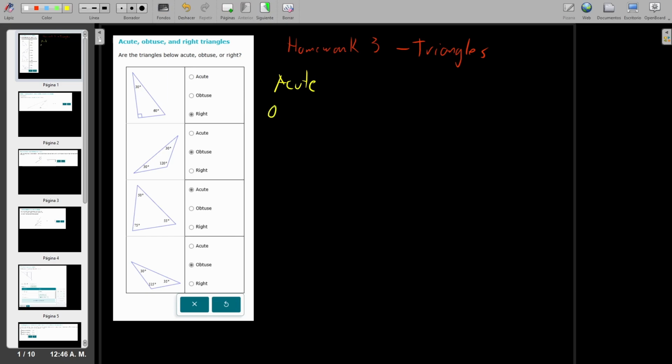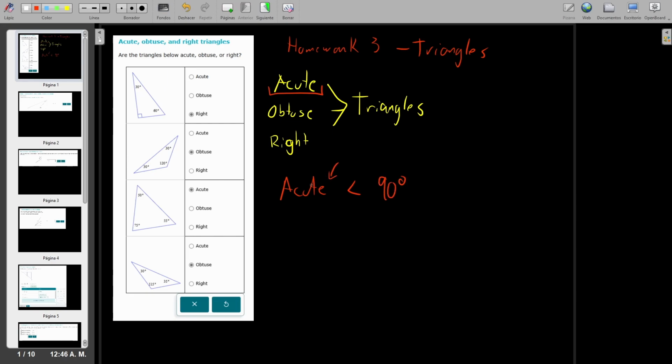acute, obtuse, and right triangles. Well, this is easy. The acute, you need to find some acute angle. Remember, if the angle is less than 90 degrees, it is an acute angle.